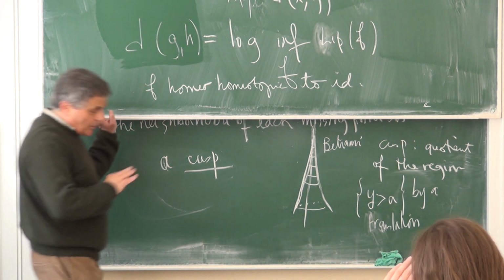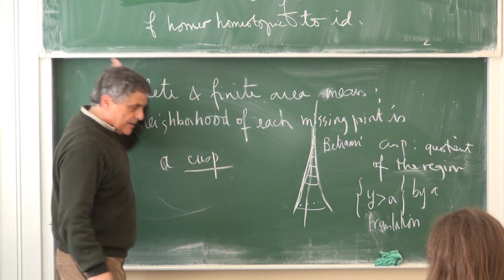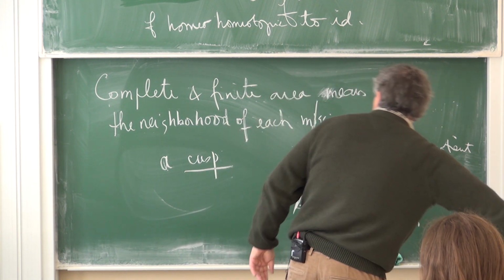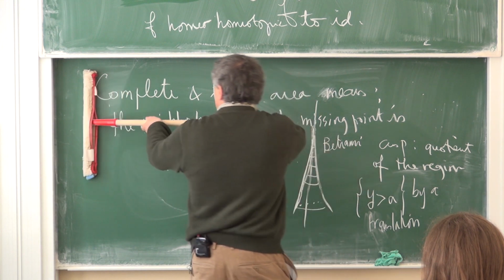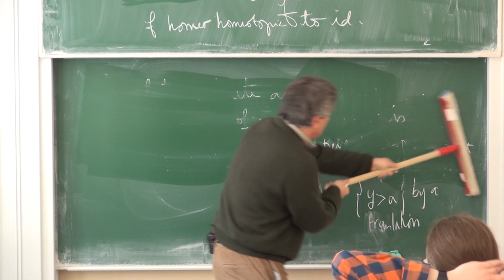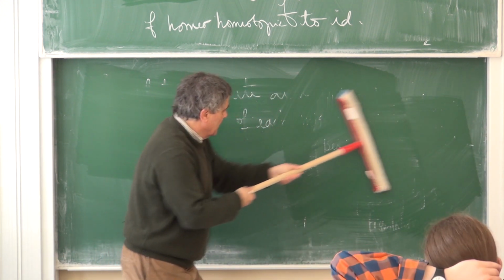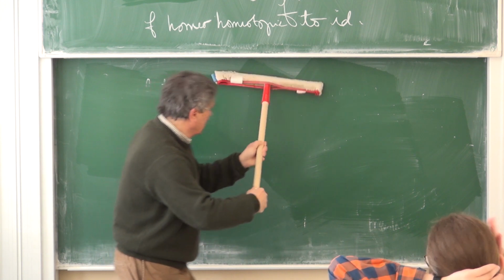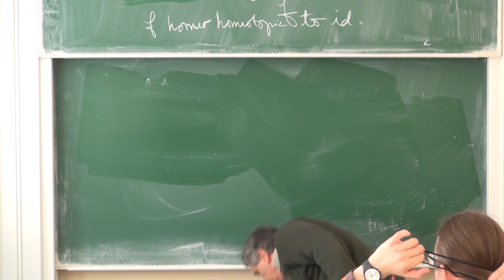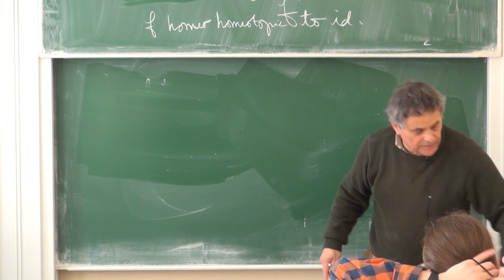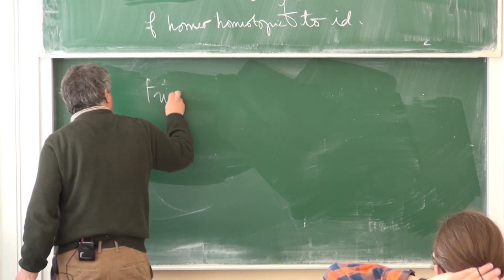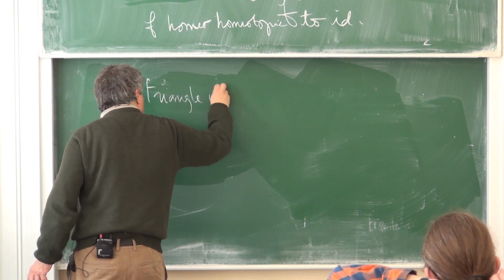We already said that there's no reason that d of GH is equal to d of HG, and we shall see examples later on. But the other properties of a metric should be satisfied, like the triangle inequality.